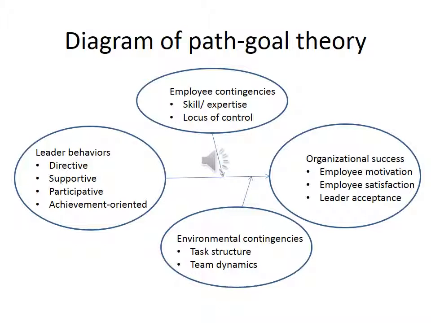On the far left are the leadership behaviors that we described. Now, what determines organizational success? Well, the leader has to adapt a behavior, and there are 4 options, to fit the employee contingencies at the top here, the skill expertise, and to fit the environmental contingencies, the task structure and team dynamics.